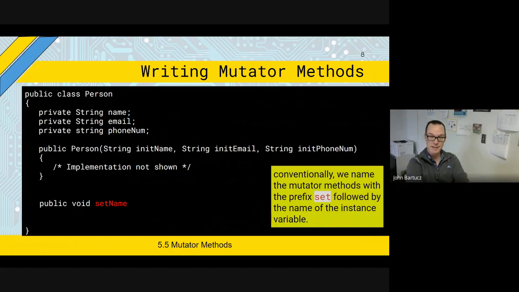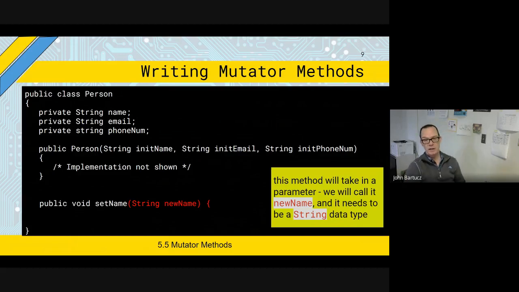Shockingly, we're going to call it setName, just like we called the other one getName. The reason to do this is that when you're using other people's Java libraries, it's really nice if they use the convention set variable, get variable, to be consistent with everybody else in the world. You don't have to do it that way, but I will like you more as a person if you do.